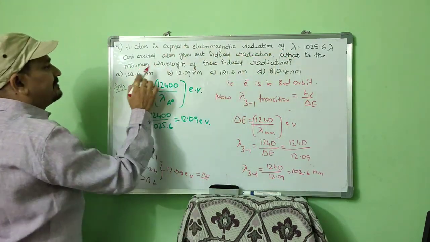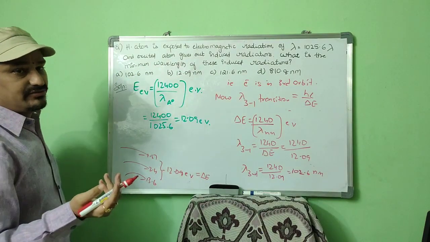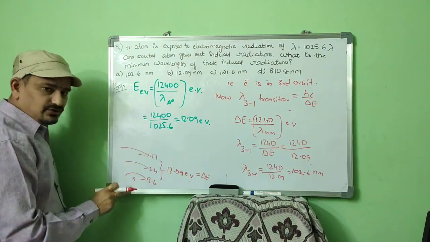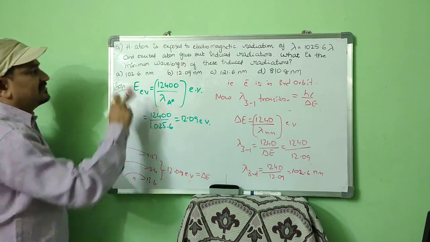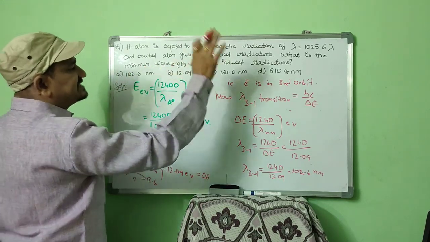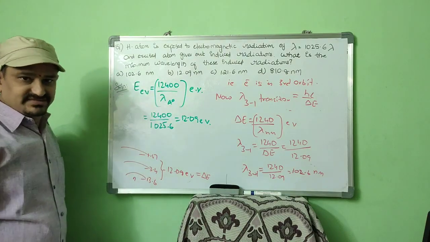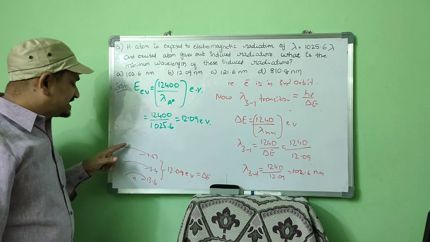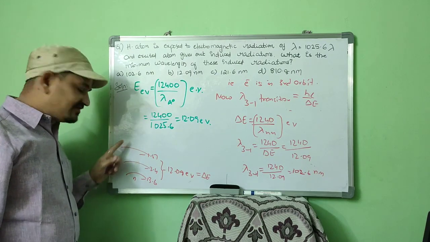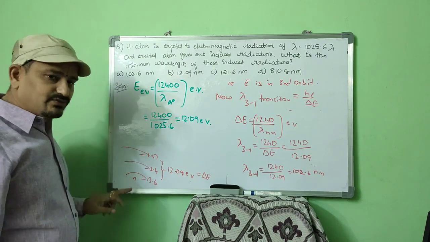What is the minimum wavelength of these induced radiations? Minimum wavelength means maximum energy. Maximum energy means from the highest possible level to the lowest possible level. 3 to 1 we have to find.